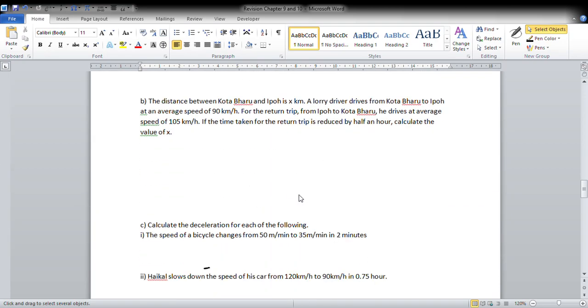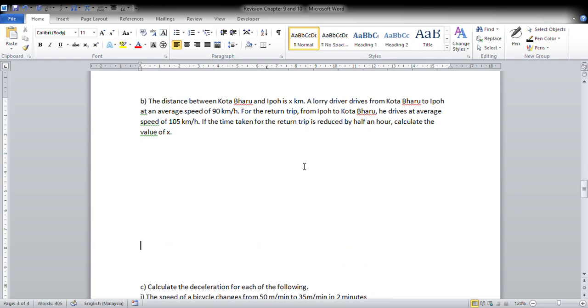Question B. In this question, the distance between Kota Baru and Ipoh is x km. A lorry driver drives from Kota Baru to Ipoh at an average speed of 90 km per hour. For this type of question, you had better draw, it's easier to imagine.